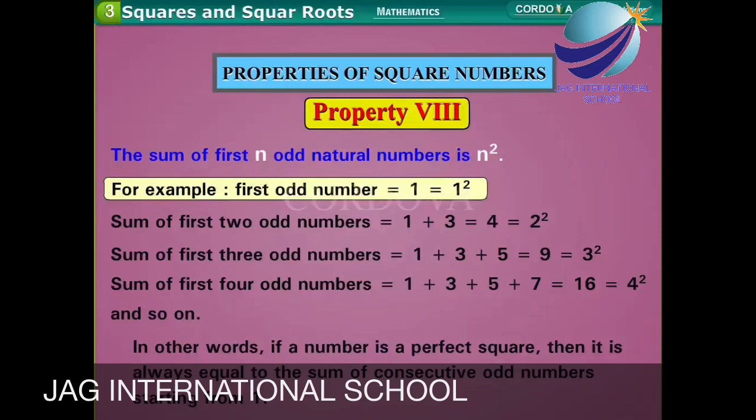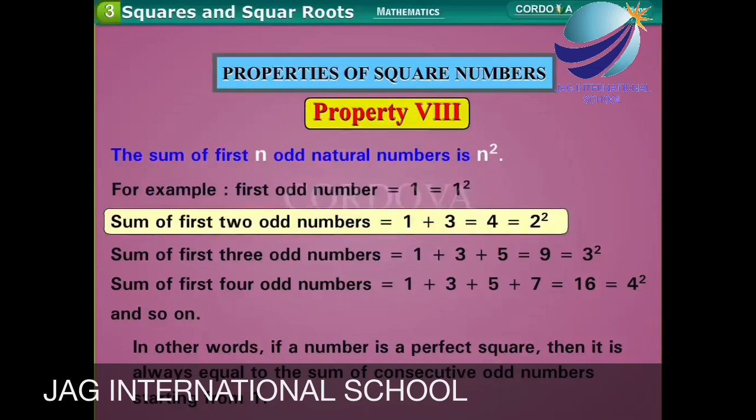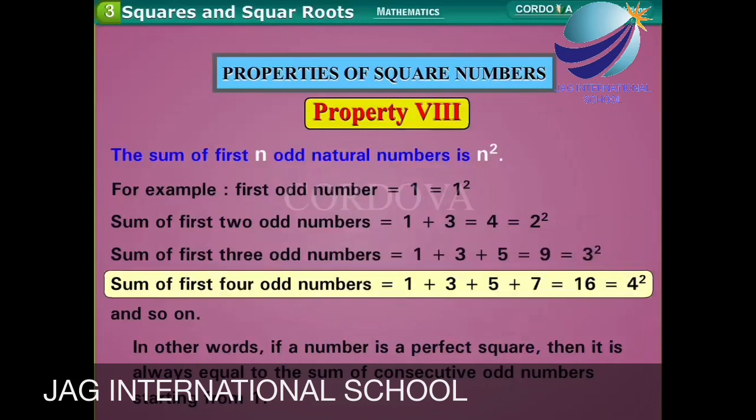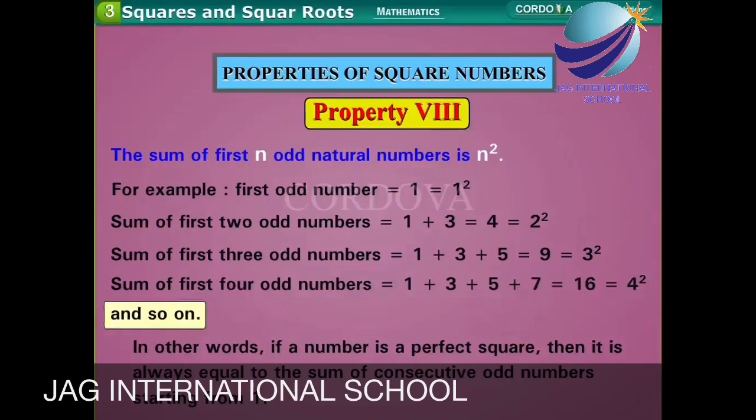For example, the first odd number is equal to 1, which is equal to 1 squared. The sum of the first two odd numbers is equal to 1 plus 3, which is equal to 4, which is equal to 2 squared. The sum of the first three odd numbers is equal to 1 plus 3 plus 5, which is equal to 9, which is equal to 3 squared. The sum of the first four odd numbers is equal to 1 plus 3 plus 5 plus 7, which is equal to 16, which is equal to 4 squared, and so on.